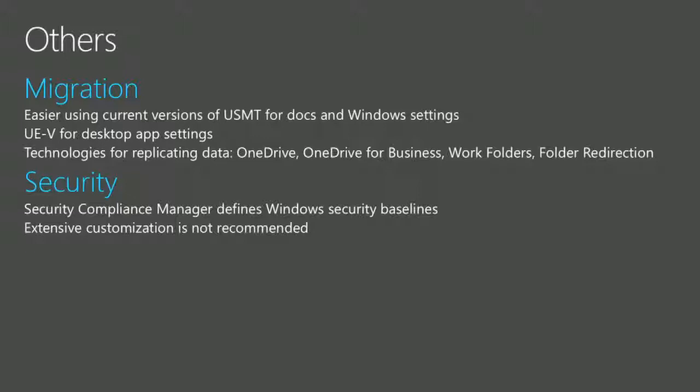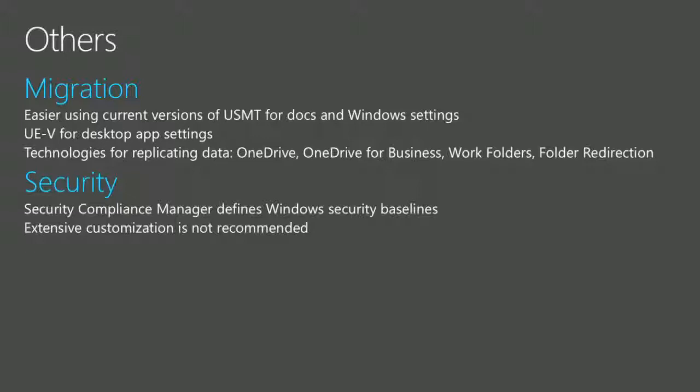So you dump your docs into that and they automatically sync to each machine. Work Folders was added in Server 2012 R2 and is supported on Windows 8.1. It's kind of the file server-based version of OneDrive. I want to automatically sync from my machine to a file server, but it's not particularly flexible for group type activities. It's only for personal documents that want to be synced back and forth.